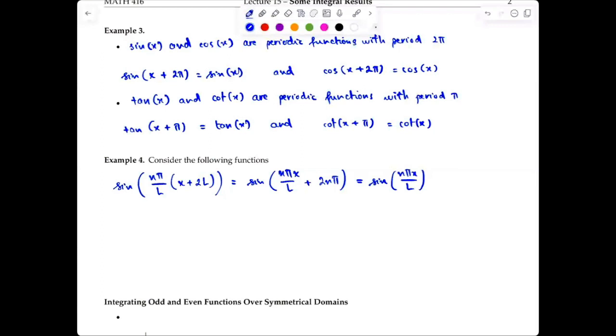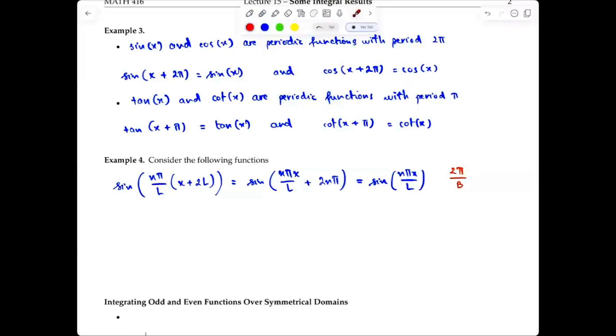So doing this, I want to show that the sine function is a periodic function, but in this case, the period is not 2 pi, right? We're going to use the same formula as I showed earlier. That is the formula 2 pi over capital B, where capital B is the number in front of x.